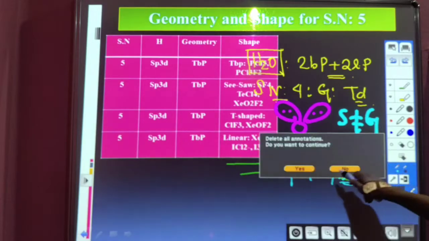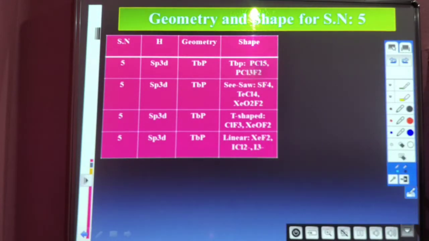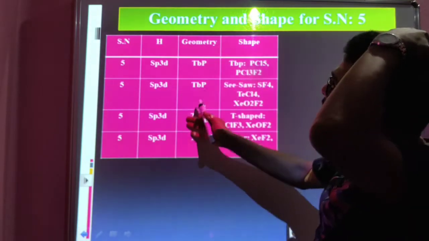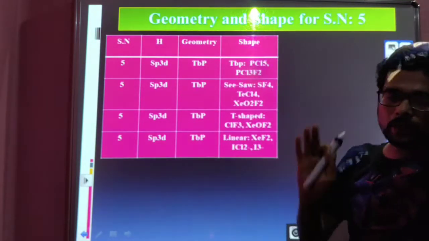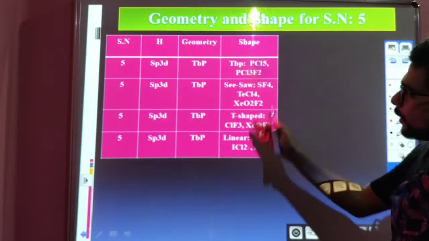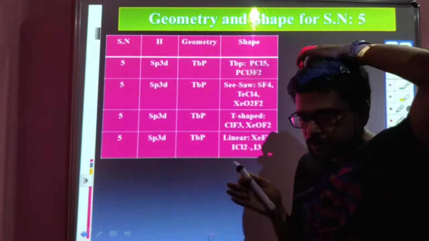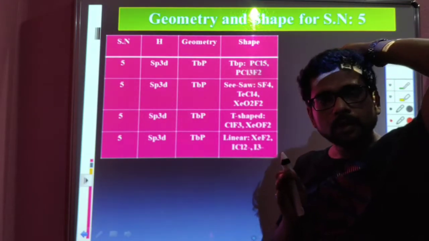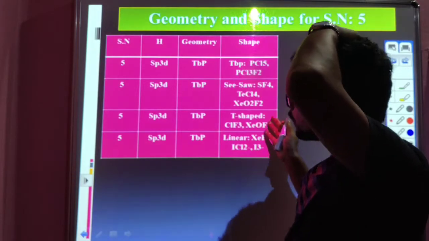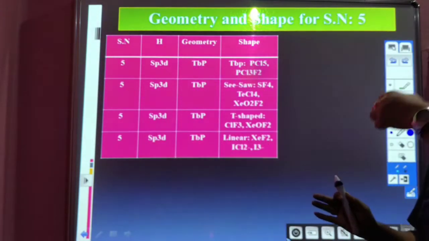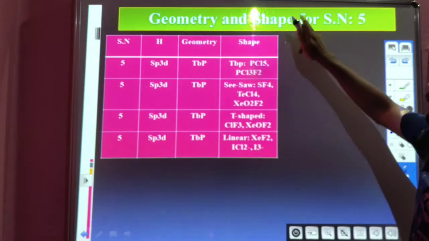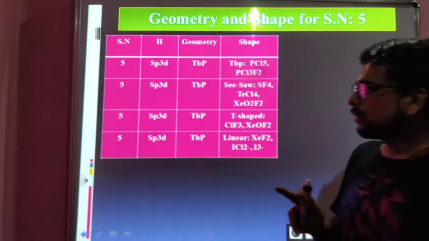Steric number 5. For steric number 5, the shape and geometry is very important. Every orientation or every position of lone pair and bond pair, you must be very careful while putting that. This is one of the most important geometry and shape for steric number 5. Okay.